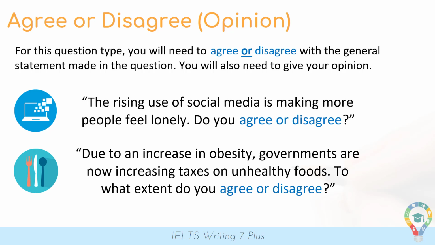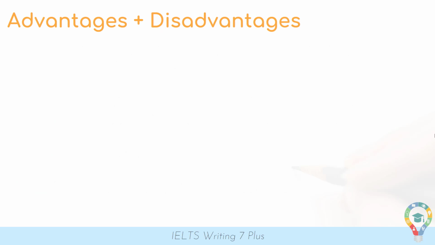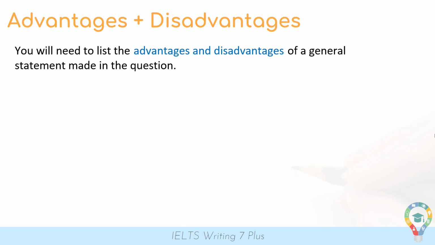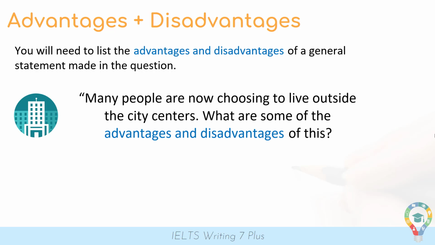Let's move on to our next question type, which is advantages and disadvantages. So you're going to have to list the advantages and disadvantages of a general statement made in the question. Many people are now choosing to live outside the city centres. What are some of the advantages and disadvantages of this?